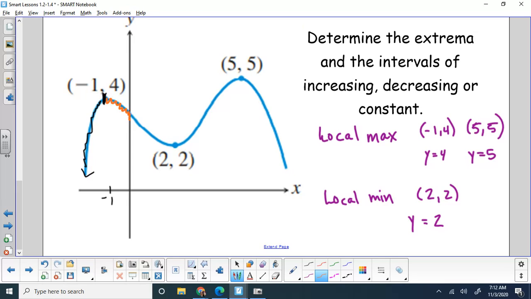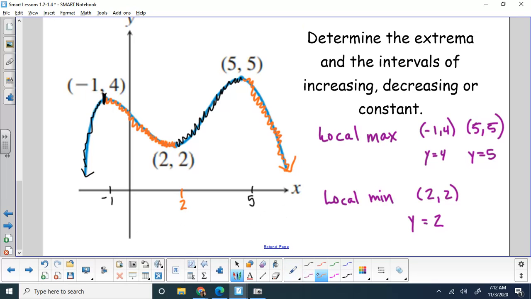Now I'm tracing the function. My line is going down, and it stops going down when x reaches 2. Then we start to go up again, and we stop going up at the 5 value. And then our graph changes direction, and we are decreasing again, going down until we reach that infinity mark.